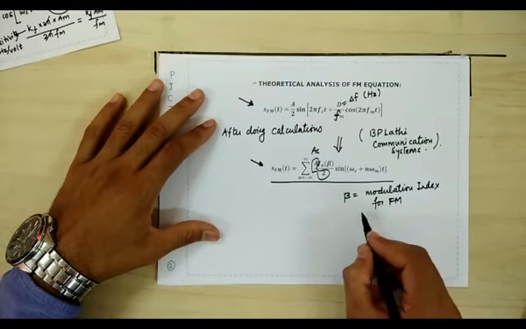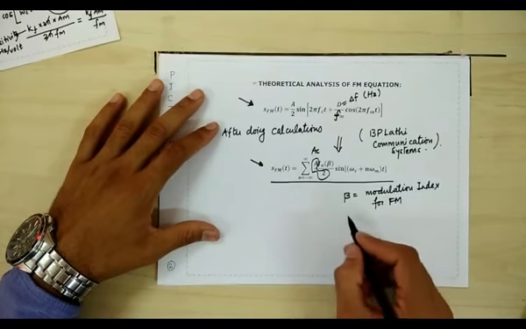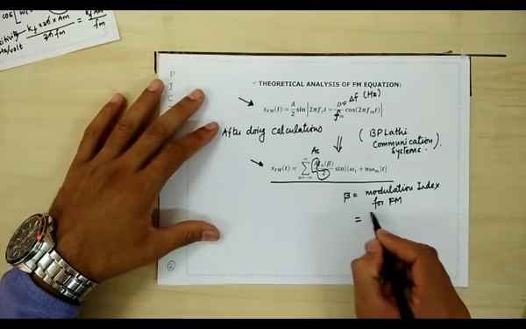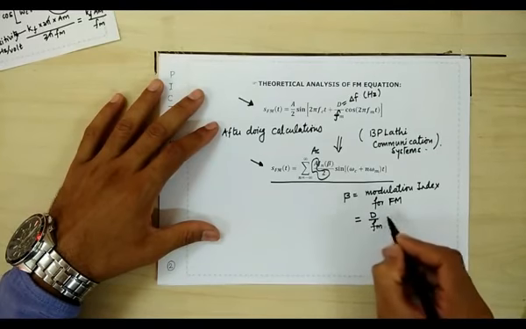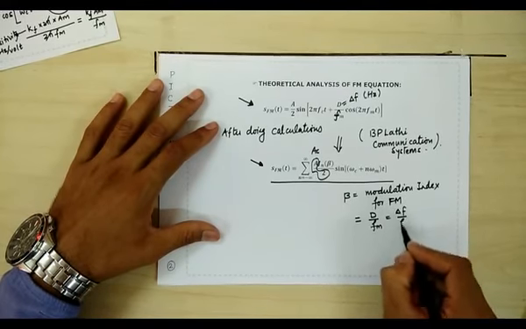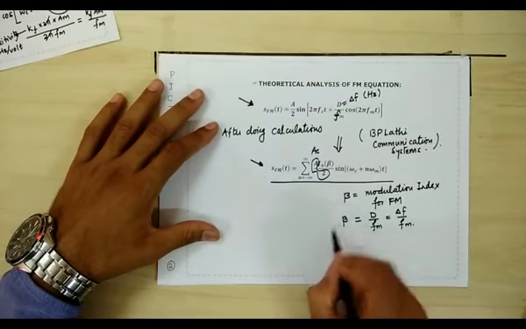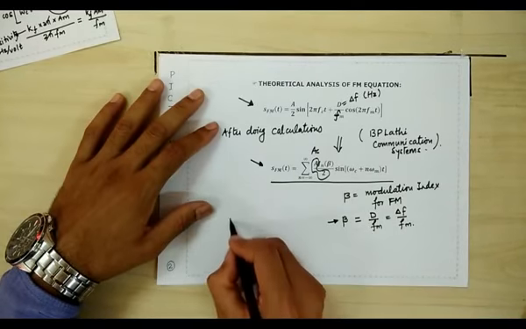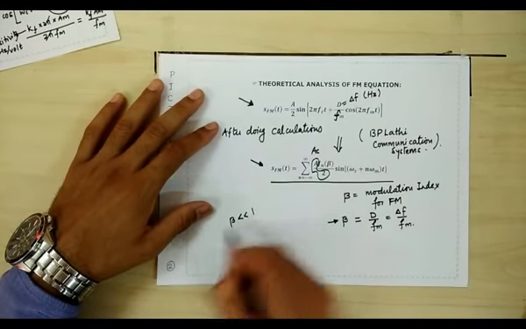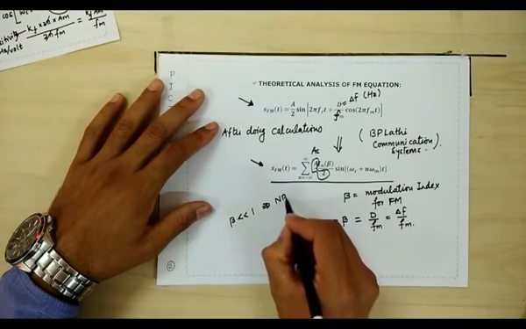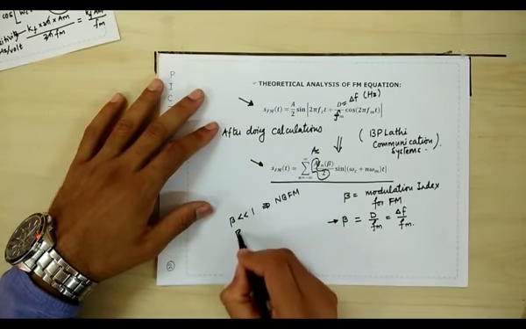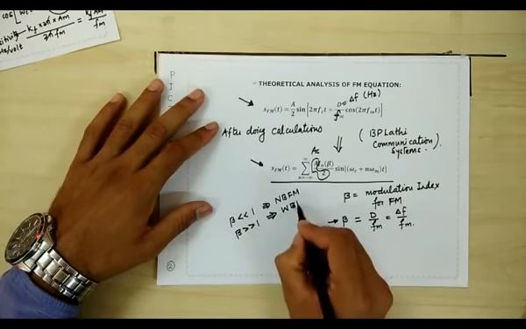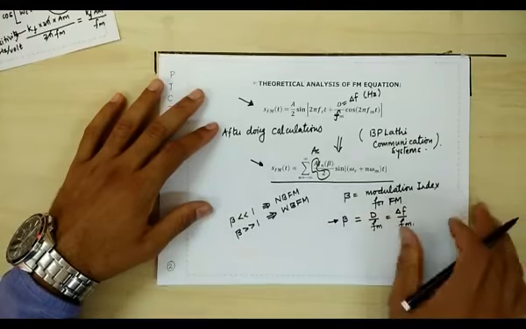This is also called the deviation ratio, and this beta is nothing but D by fm, which is delta f upon fm. So by changing delta f or by changing fm, we can change beta. If beta is very much smaller than 1, we call this narrowband FM, and if beta is greater than 1, we call it wideband FM.